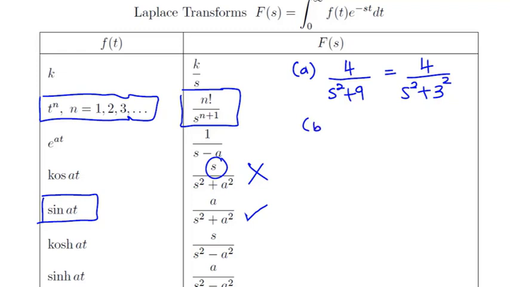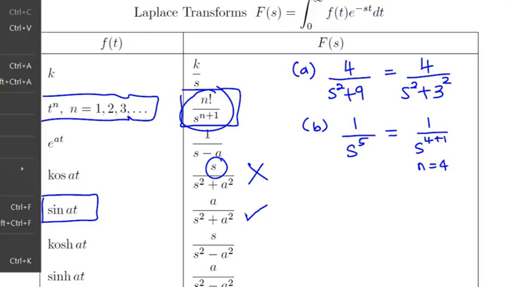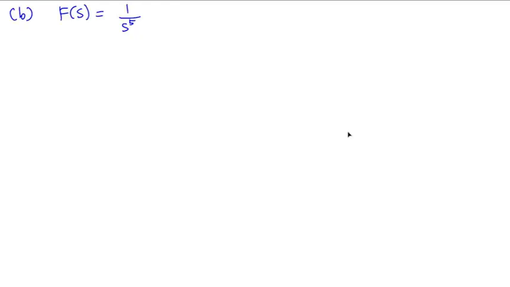So the question for B is 1 over S power of 5, meaning that 1 over S power of 4 plus 1. So n is 4 here. From the table we know that F(s) is equal to n factorial divided by S power of n plus 1.